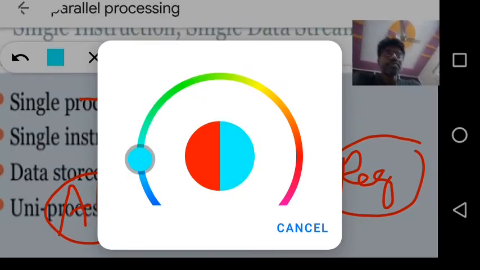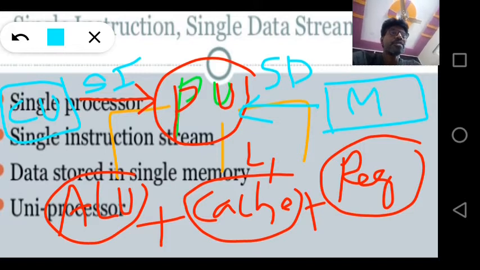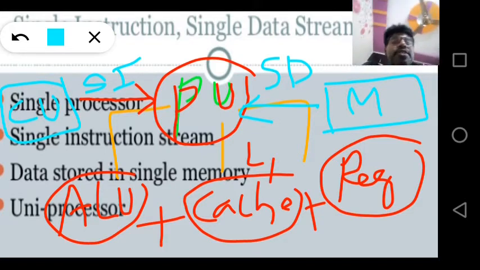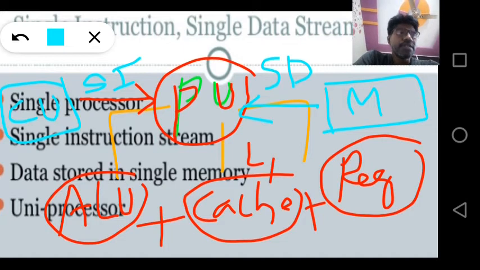And the processing unit receives the single instruction from the control unit, and it receives single data from memory. So this is the diagram of a single instruction, single data stream. The new point here is the processing unit, which is nothing but ALU, cache and registers.